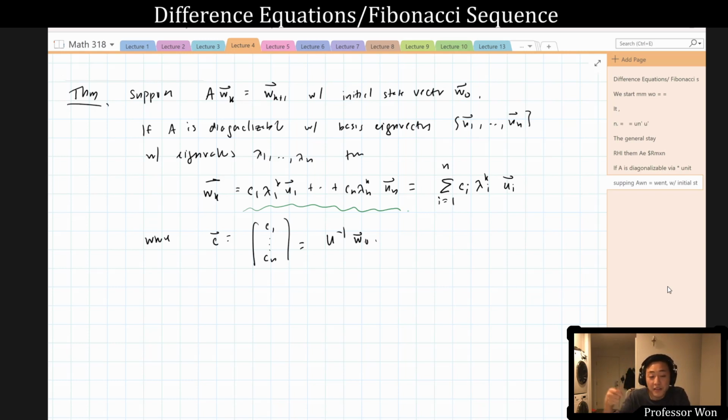And in fact, the bigger the eigenvalue is, the more it matters for k growing large. In other words, the long-term behavior depends on the large eigenvalues. So the long-term behavior of this sequence of states depends mostly on the large eigenvalues of A.